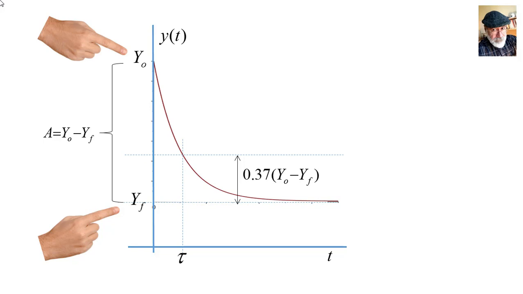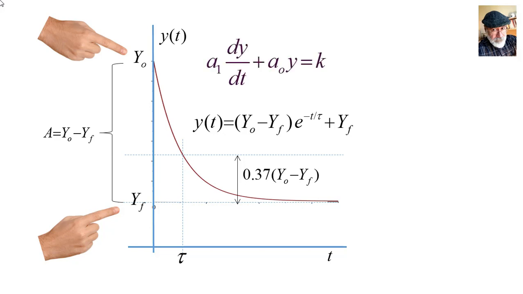Some systems have very small taus, they are very responsive. They go for the final value very quickly, others not so much. That is the expression of that exponential, right? It has the amplitude y0 minus yf, the time constant tau, and the final value y of f. That is the solution to this differential equation.